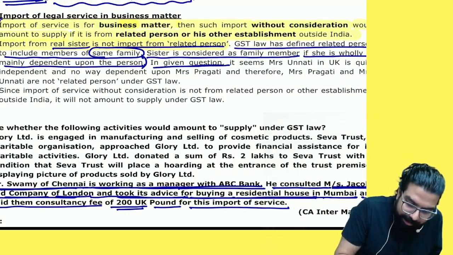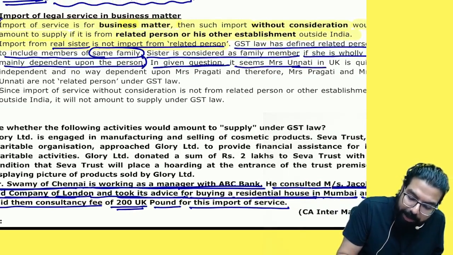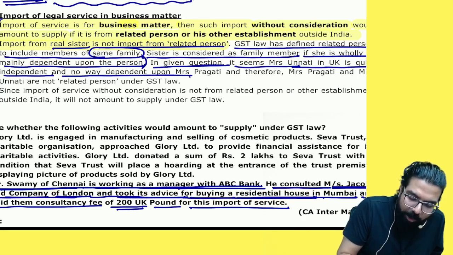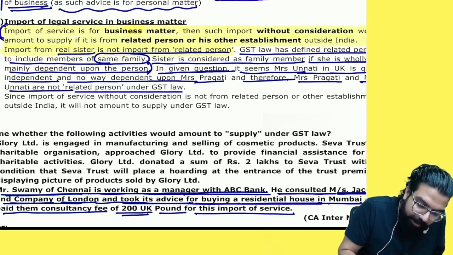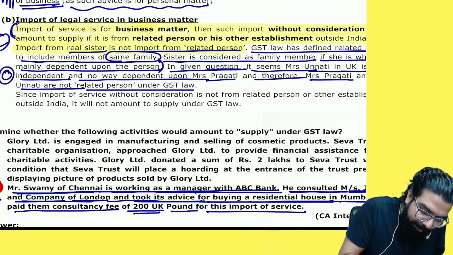In the given case, it seems Miss Unnati in UK is quite independent and in no way dependent on Pragati. And therefore, Pragati and Unnati are not related persons.